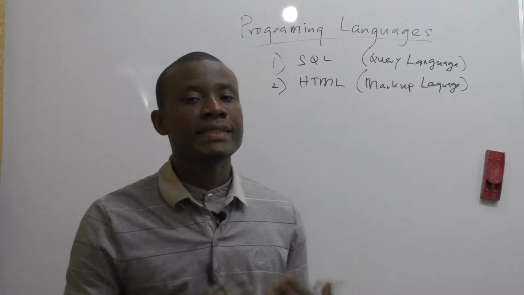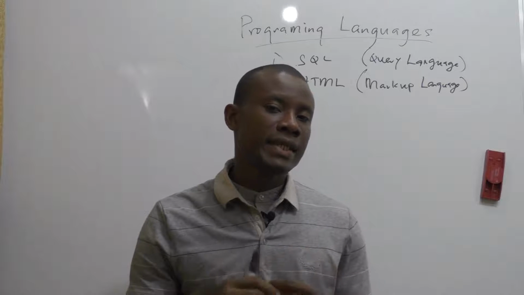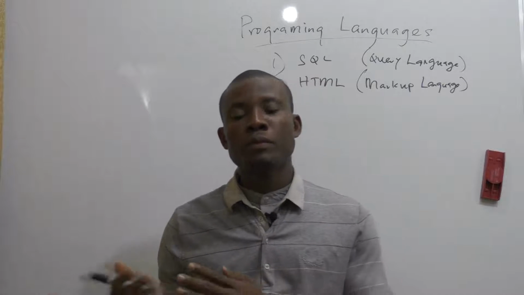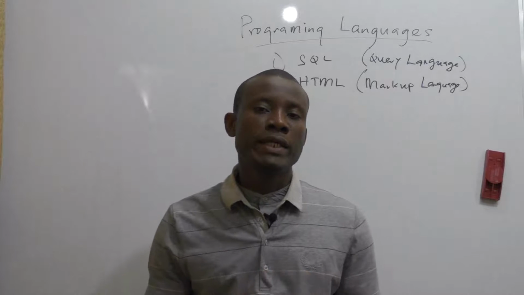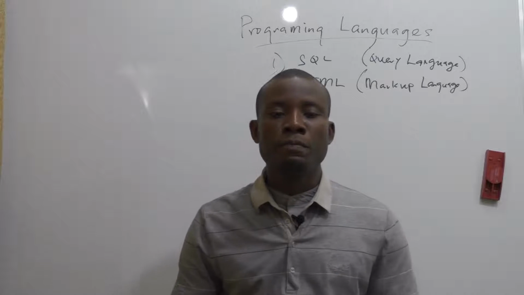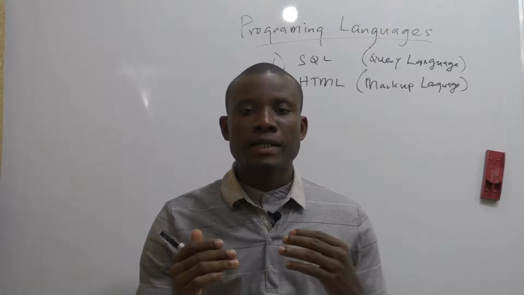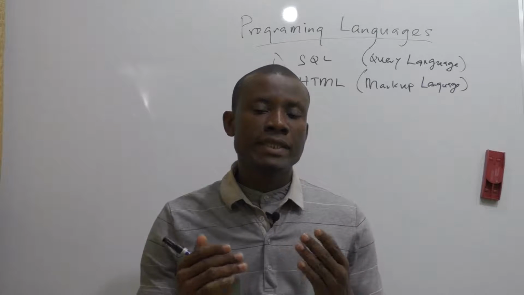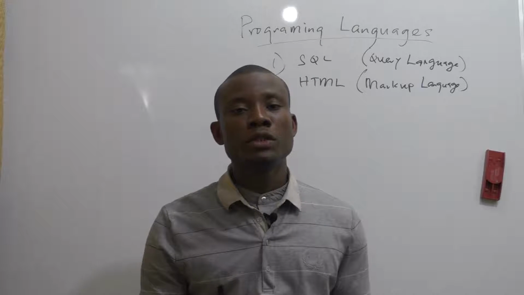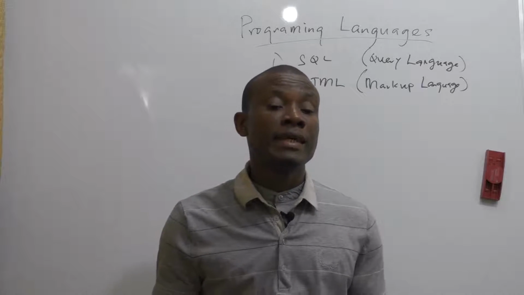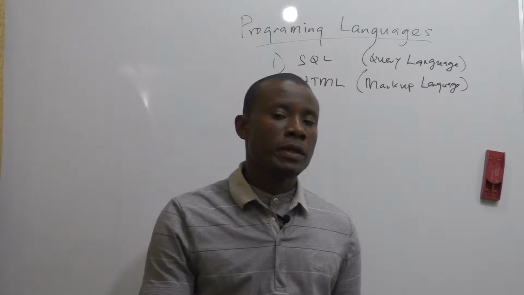HTML was developed in 1993 by the W3C, that is the World Wide Web Consortium, a body responsible for regulating the World Wide Web. So it was developed to control display of data on a web page. Okay, so it's a language used to develop the World Wide Web. The HTML language is a language of the World Wide Web.